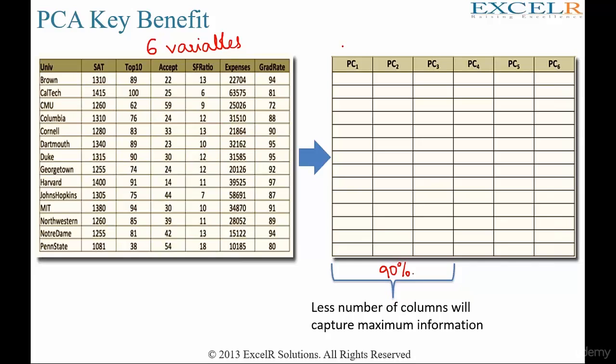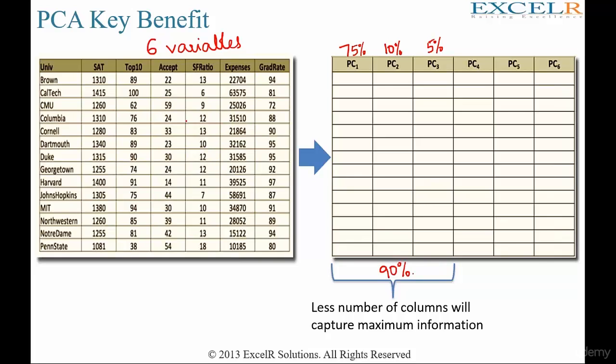If the first principal component, say, captures 75% of information and the second principal component, say, it captures 10%, say another 5% is captured by the third principal component. These 3 put together would account to 90% of information.